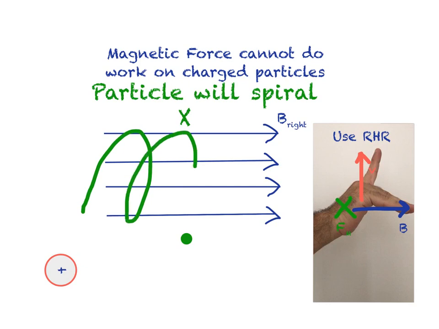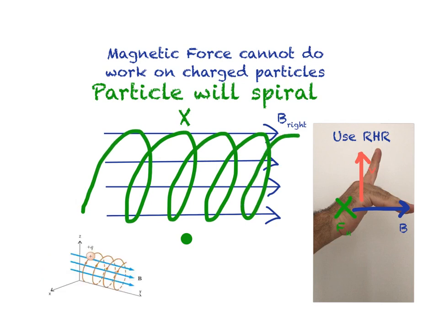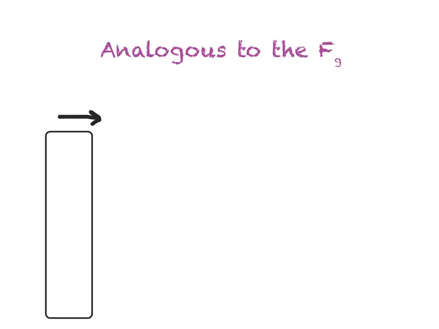The magnetic force is causing the turning, but the initial velocity that it had that's parallel to the field and not being affected by the field will actually drive it forward. You can think of this in a similar, analogous way to the gravitational force. We know that the gravitational force affects an object's acceleration only vertically.